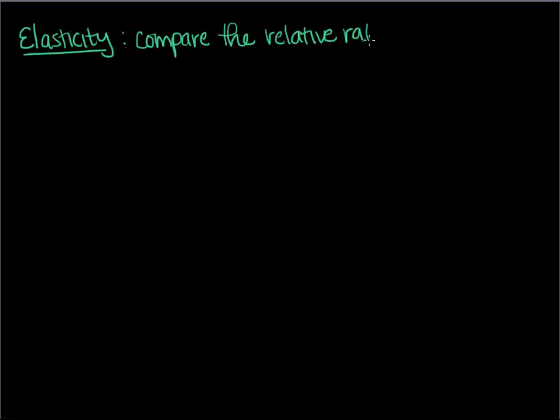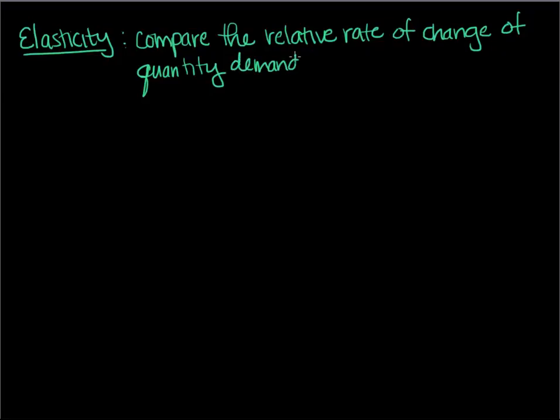So the relative rate, which we had just talked about, of change of quantity. Okay, so we know how to do that. We do the change in quantity over the quantity, right? And I want to compare that relative rate of change of quantity demanded, or our demand, with the relative rate of change of price.